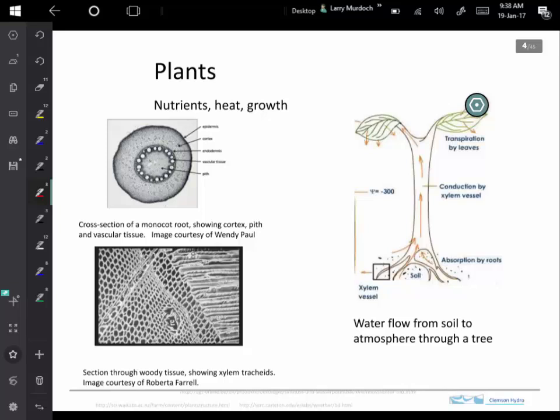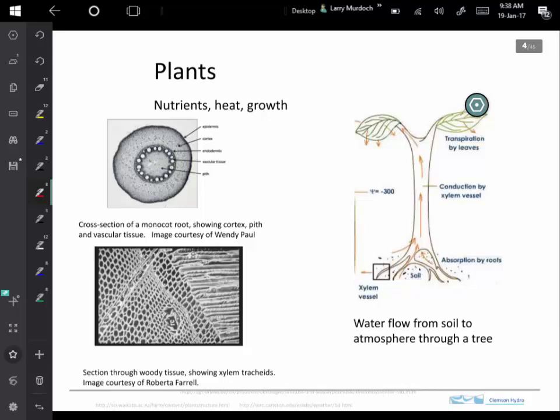So we can take a look around us, and there are many applications or many examples of flow through porous media, and plants are a really good one. Plants have many small pores with fluid flowing through it, and that fluid flow is an important part of how the plants work.